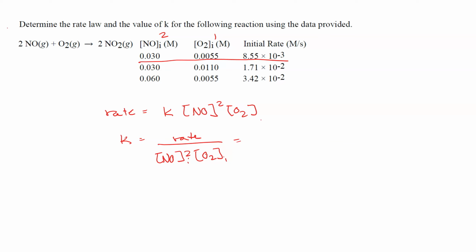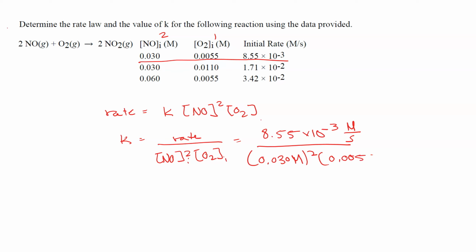And so the rate of reaction in this case would be 8.55 times 10 to the minus third moles per liter per second over 0.030 moles per liter squared, so that's going to be squaring our unit there as well, and 0.0055 moles per liter for our oxygen.